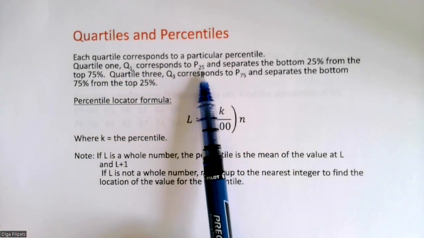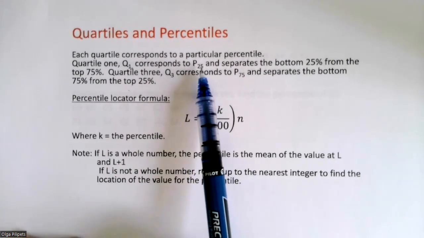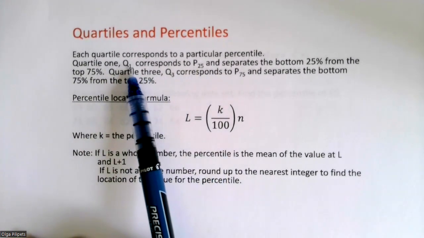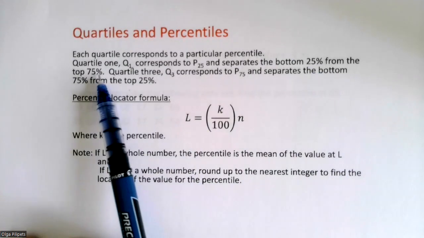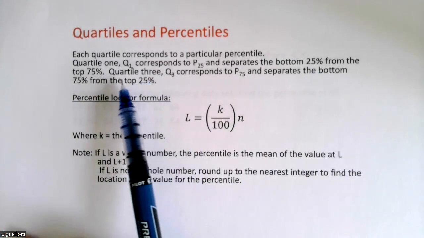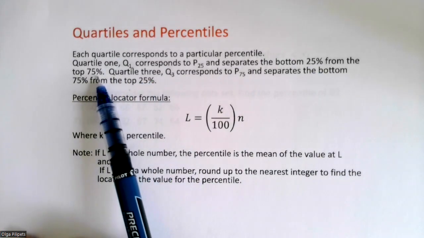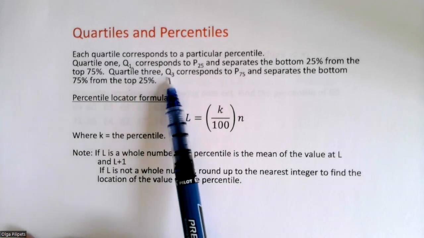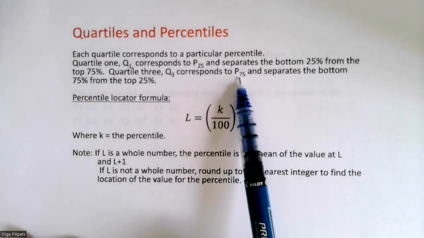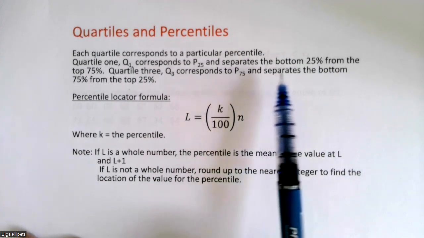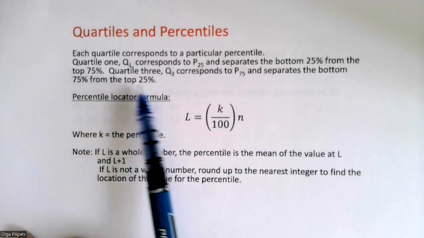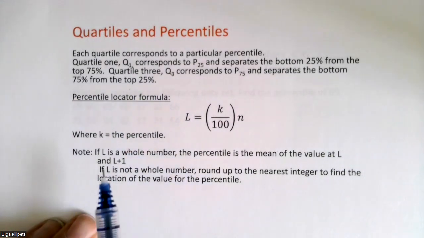So as we mentioned before, 25% of the data lies below the value, that's Q1, and separates the bottom 25% from the top 75. Quartile 3 corresponds to P, with a subscript 75, and separates the bottom 75% from the top 25%.